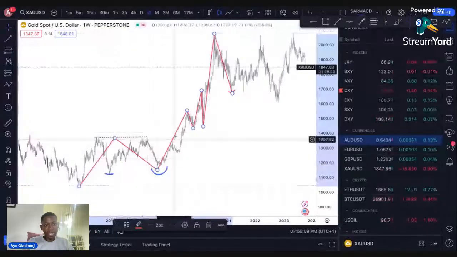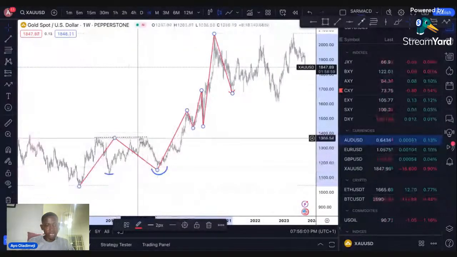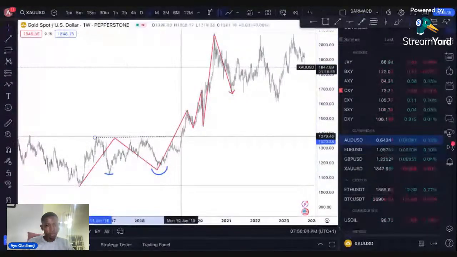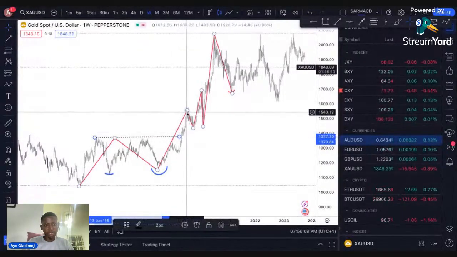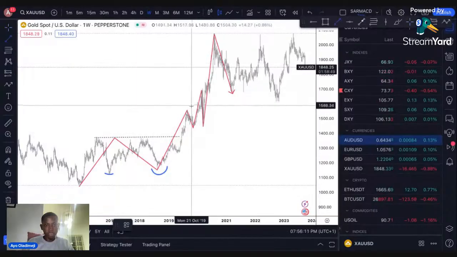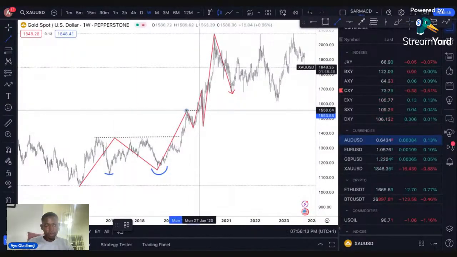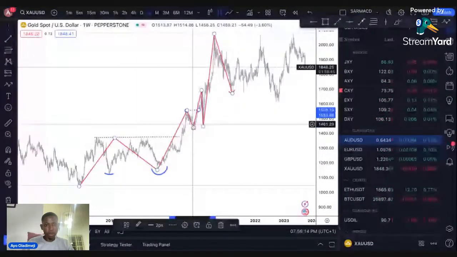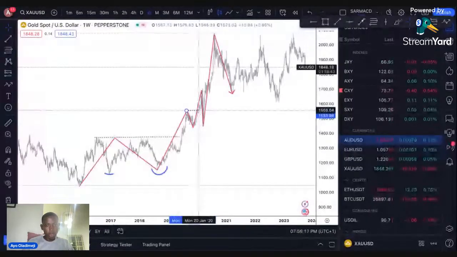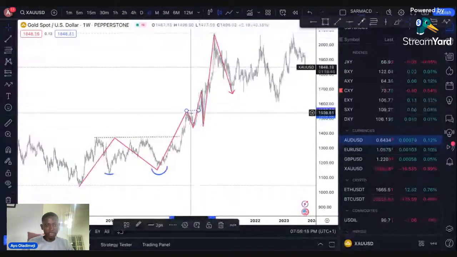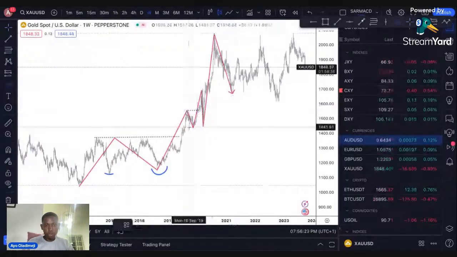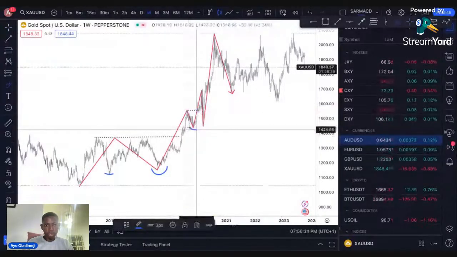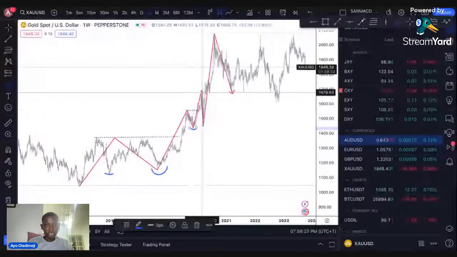So where was the next high after this guy here? The next high after this guy is this guy here. So this is the next higher high. This high was also broken by this low here. So this low broke this high and then gave us this high.